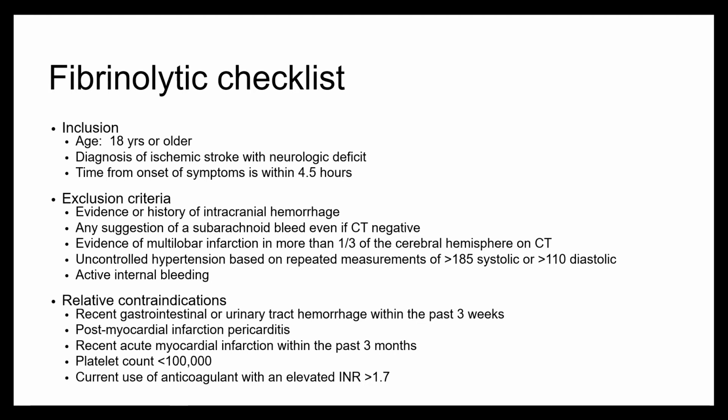So these are going to be our patients with any kind of gastrointestinal or urinary tract hemorrhage within the past 3 weeks, anybody with a post-myocardial infarction pericarditis that developed, anybody with a recent MI in the last 3 months, platelet counts that are less than 100,000, or anybody who's currently on anticoagulant therapy, with an INR of 1.7 or greater.